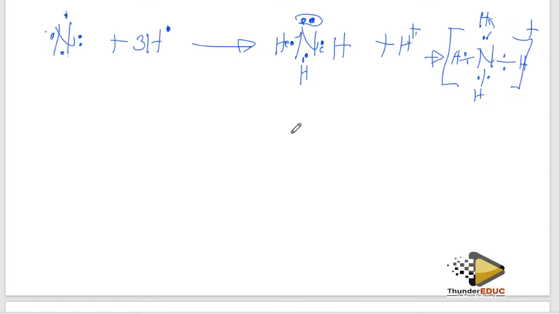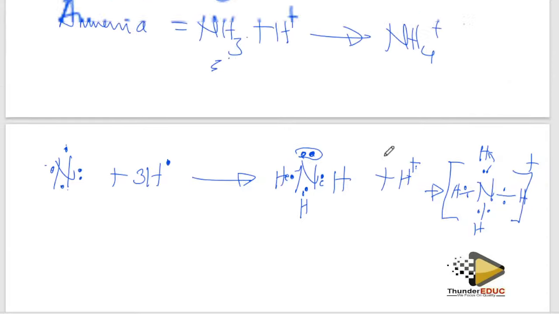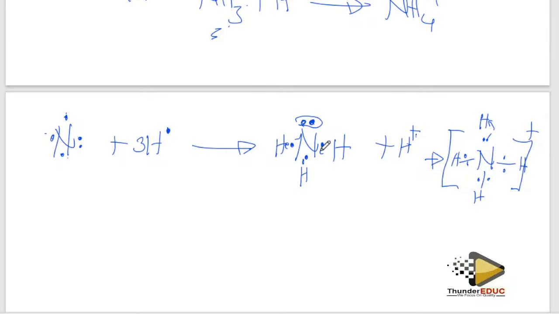We have seen which type of shape water forms, which type of shape methane forms, and which type of shape ammonia forms. We say this is called ammonia, this is called water, and this is called methane. So you have to know this.